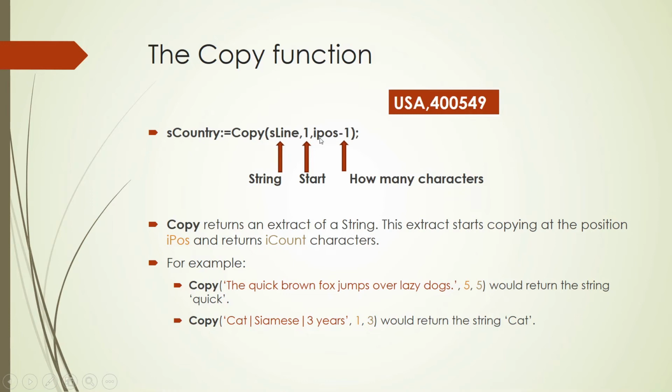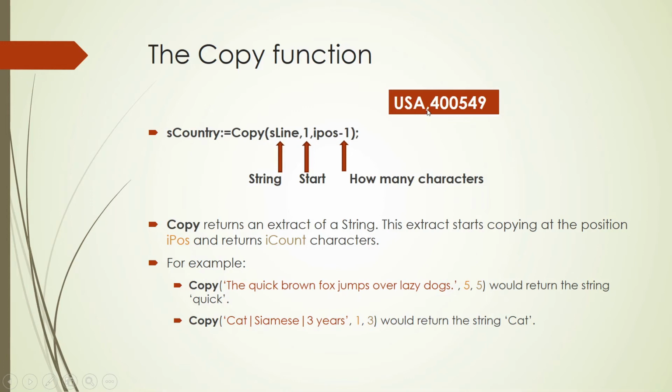In the previous slide, I spoke about pos. So I want to copy ipos - 1. If you look at the position of the comma, it's going to be found at position 4. So with copy, I don't want to copy from position 1, 2, 3, and 4. I want to copy up until position 3.